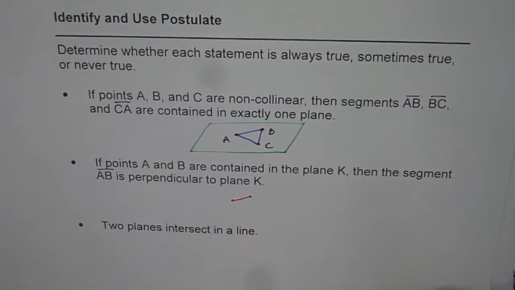So for that we have a postulate that says, if 2 points lie in a plane, then the entire line containing those points lies in the plane. So that is postulate 2.5, correct? So from 2.5 and 2.2 we can reason it out.